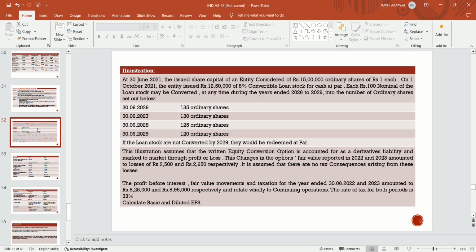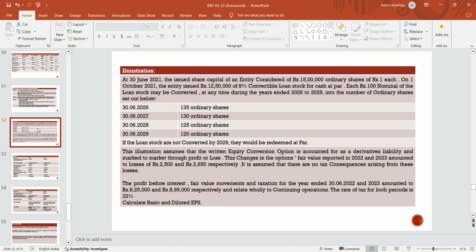Each rupees 100 nominal value of loan stock may be converted at any time during the years ended 2026 to 2029 into the number of ordinary shares set out below. On 30/6/2026 it becomes 135 ordinary shares. On 30/6/2027 it becomes 130 ordinary shares. On 30/6/2028 it becomes 125 ordinary shares. On 30/6/2029 it becomes 120 ordinary shares. If the loan stock is not converted by 2029, it would be redeemed at par.